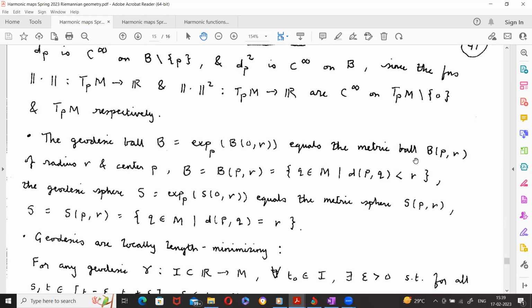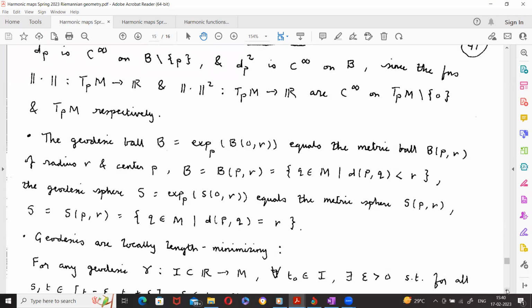And any geodesic ball is a ball for that metric, okay? Of the same radius R, and center P. So the geodesic ball B equals the metric ball B(P,R), which is the set of Q in M such that the distance from P to Q is less than R. Okay, and the geodesic sphere S equal to X of S(0,R) equals the metric sphere S(P,R), which is the set of Q in M such that distance PQ is equal to R. Okay.